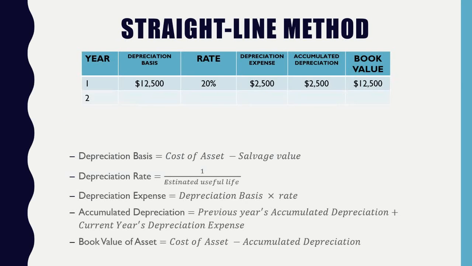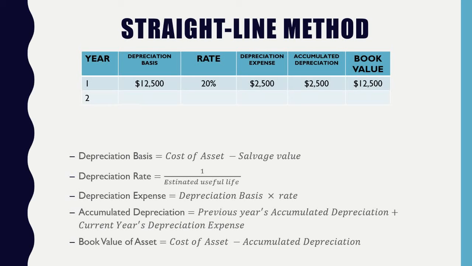So let's go ahead and solve for year 2. The base is still going to be 12,500. The rate's going to remain at 20%. Your depreciation basis is not going to be your book value.